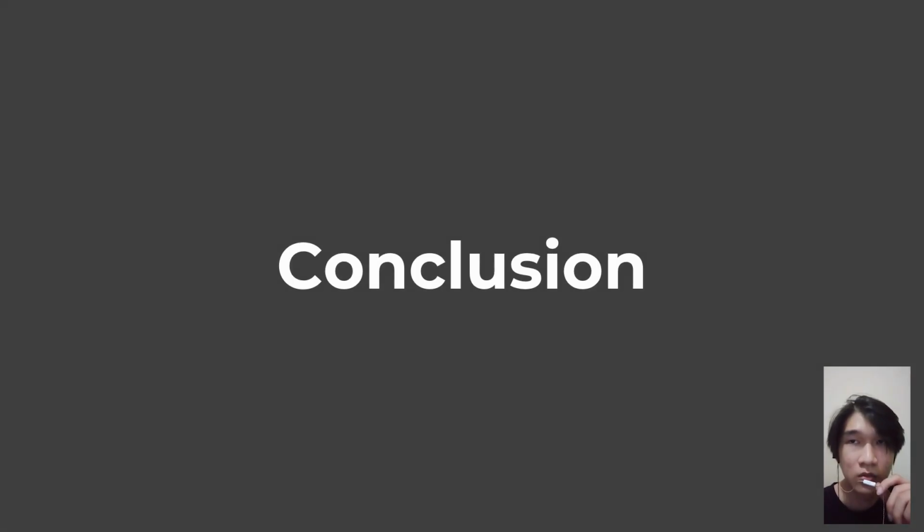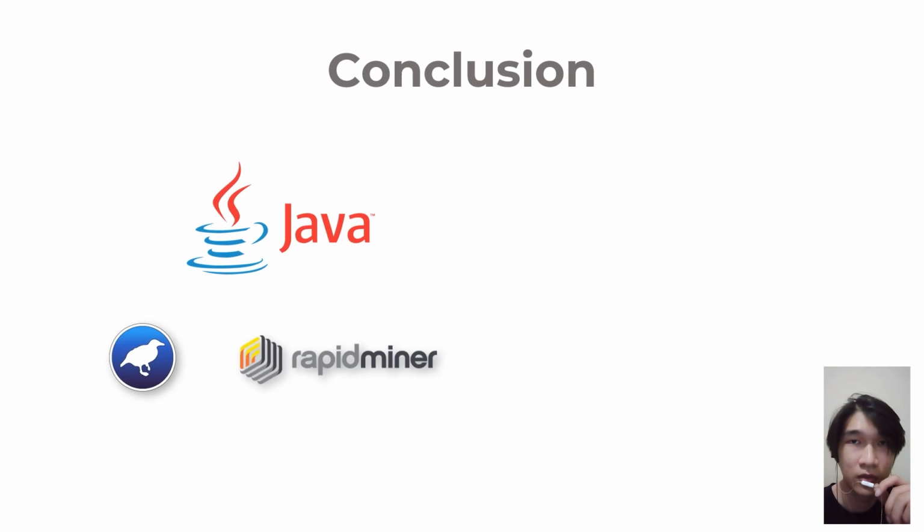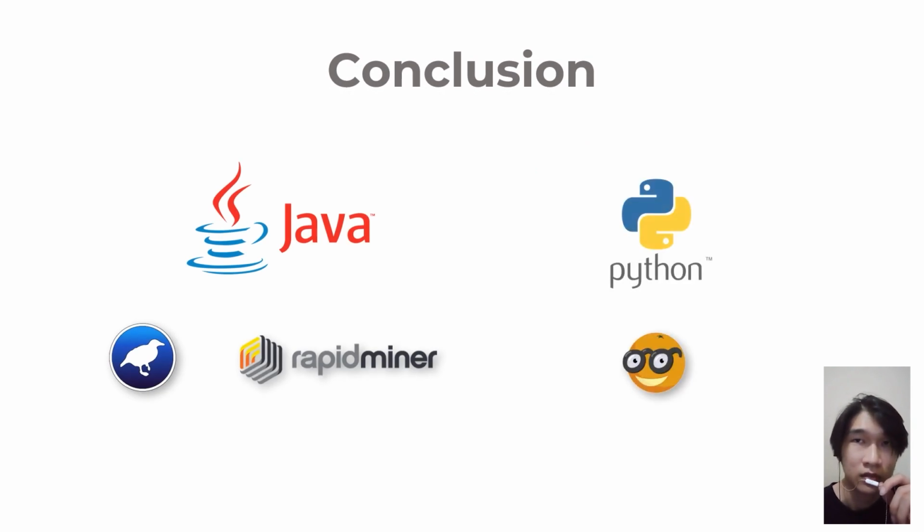Okay, so we got the conclusion. From the open source data mining software, we can conclude several things: Weka and RapidMiner use the Java programming language, while Orange uses the Python programming language.